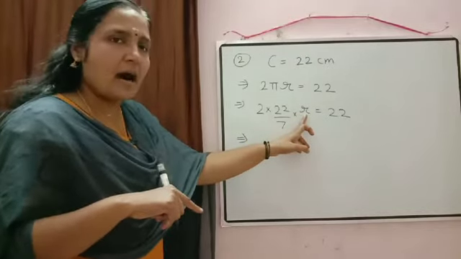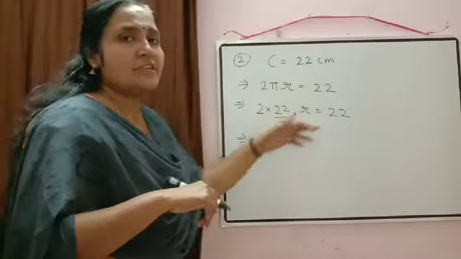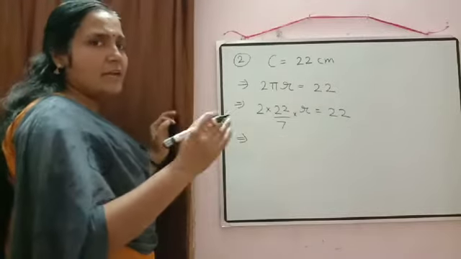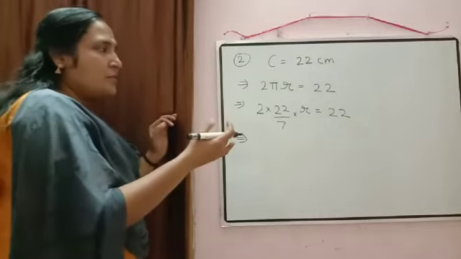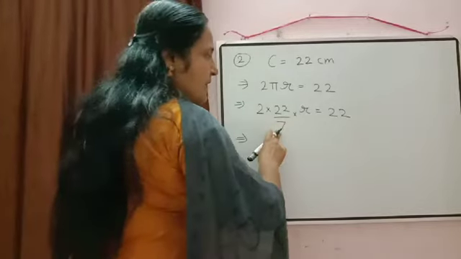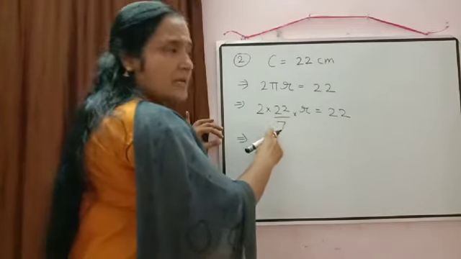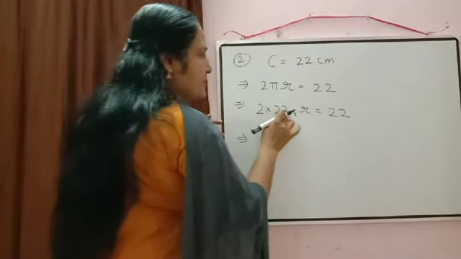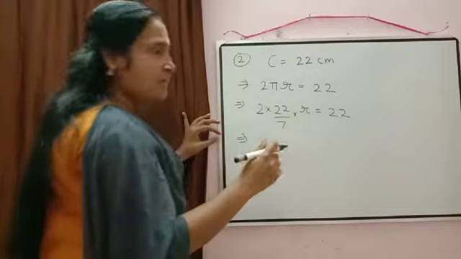So except r, the rest of the things we will shift to the right hand side. And when you shift to the right hand side, we have to use the transposition rule. So just to check, here 7 is in the denominator. So when you shift it, it will go to the numerator. The rest of these two things will come to the denominator.